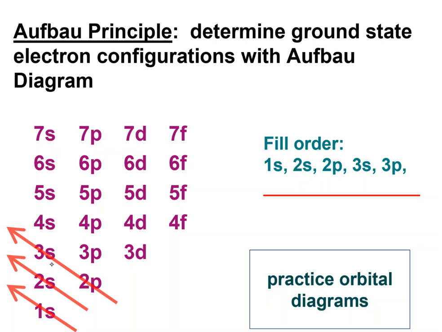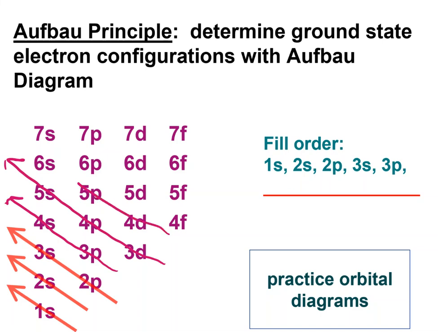You can see that there's a regular pattern to how these are arranged. And the arrows are telling the order that they fill. In other words, they fill the 1s, and then electrons go in the 2s, and then the 2p, and then the 3s, and then the next electrons will go in the 3p, and the next in the 4s, and then the 3d, 4p, 5s.